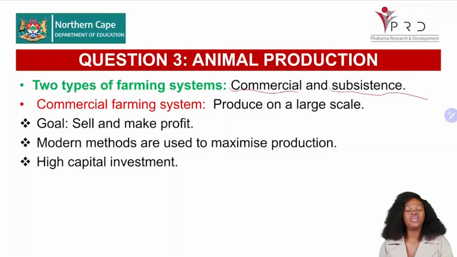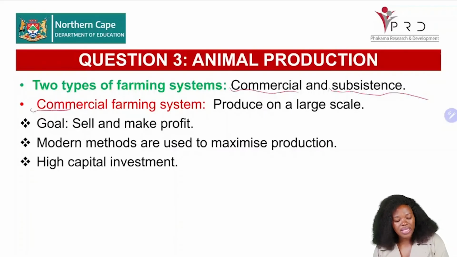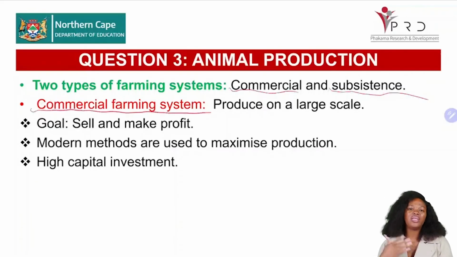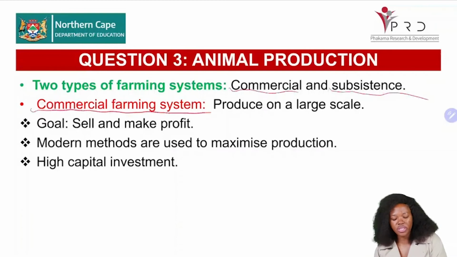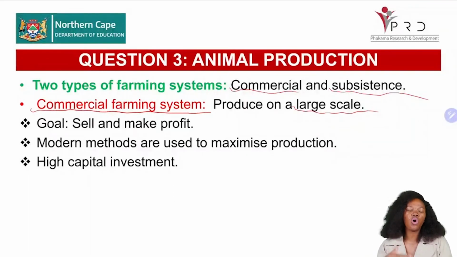Now, let us start with the commercial farming system. This is where a farmer is producing on a large scale, meaning there is a large number of animals being raised under the commercial farming system.